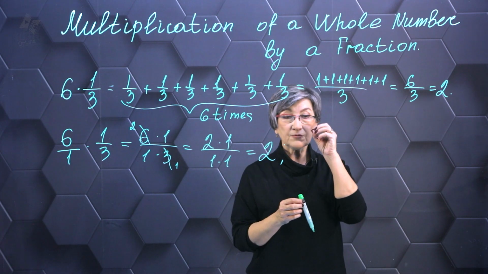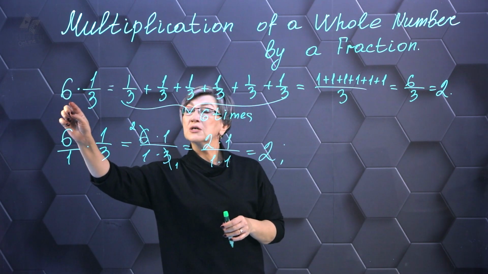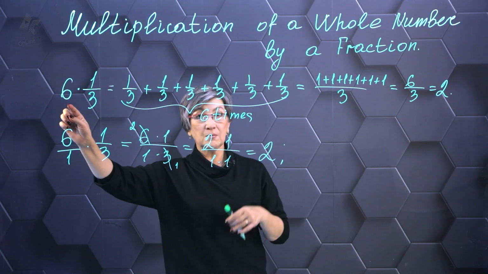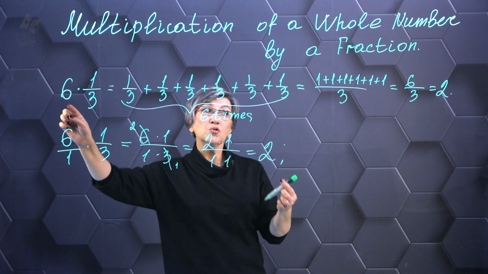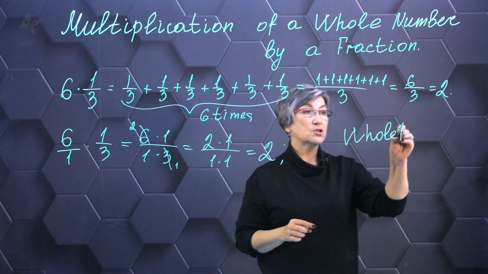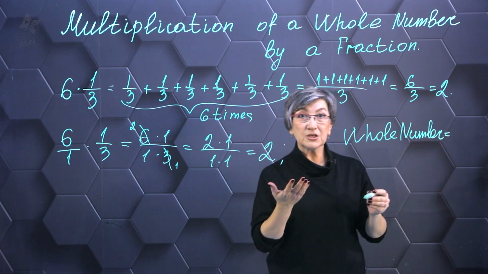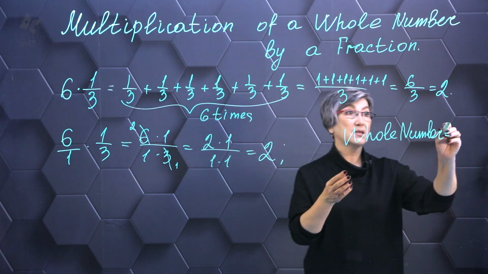The only problem is that in the original example, the 6 did not have a denominator, but we can fix that. Any whole number I can write down as a fractional number. In order to do that, what do I have to write down?